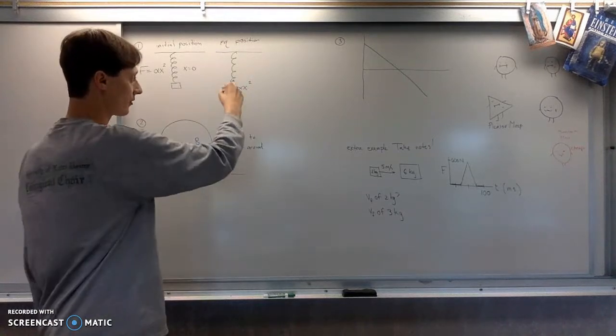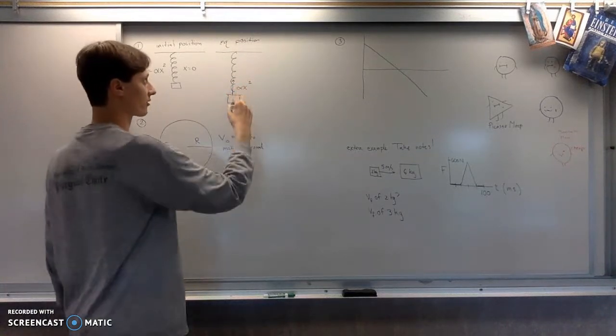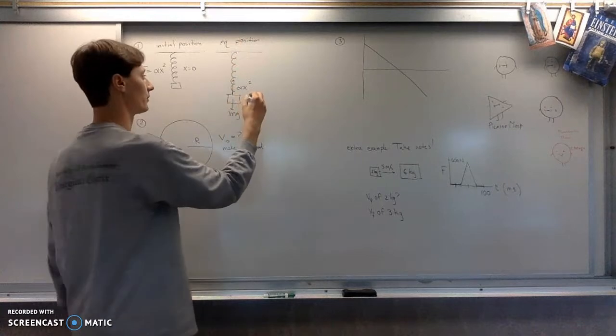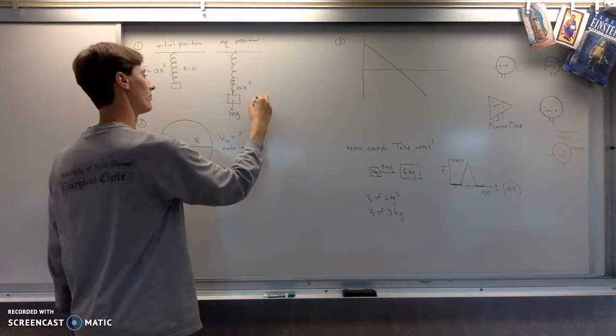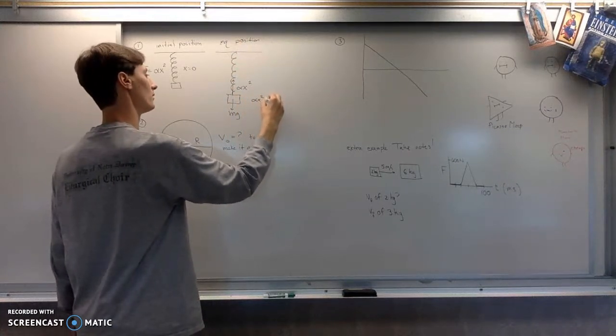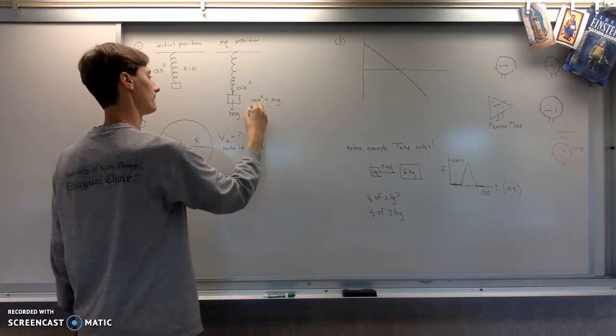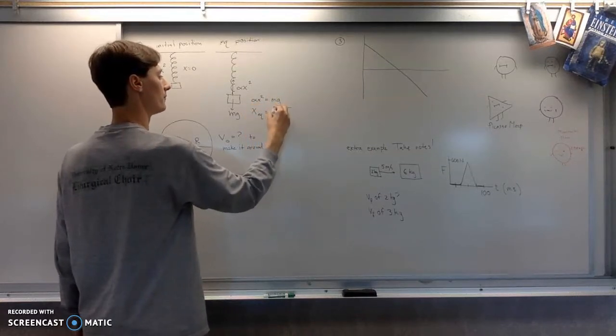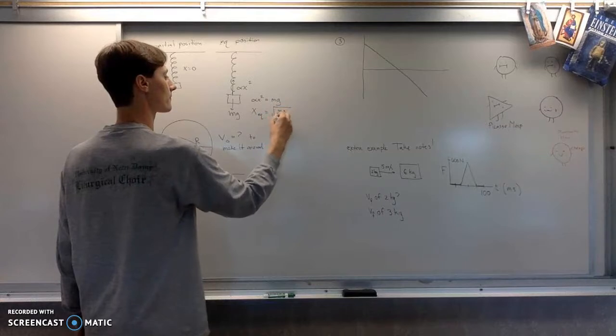At this position those two forces are equal because that's what equilibrium means. And so that would give that the equilibrium position is the square root of mg over alpha.